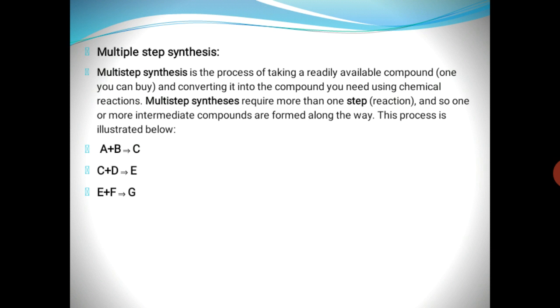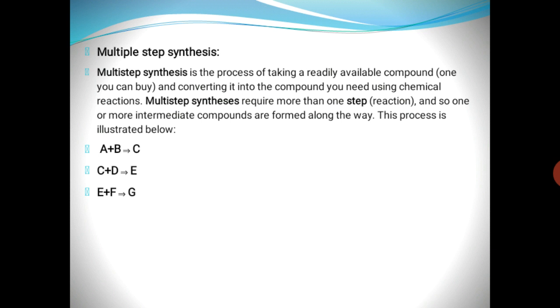Now we will see the next point, which is multiple step synthesis. This is a process of taking readily available compounds one can buy and converting them into the compounds you need using chemical reactions. Multiple step synthesis requires more than one reaction step, so one or more intermediate compounds are formed along the way, and this process is illustrated as below.